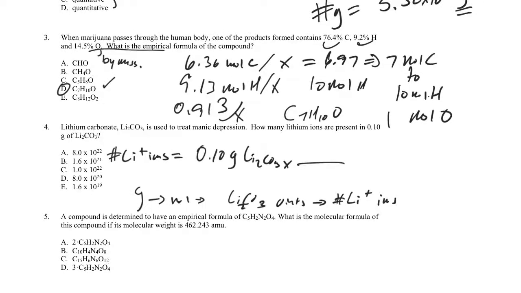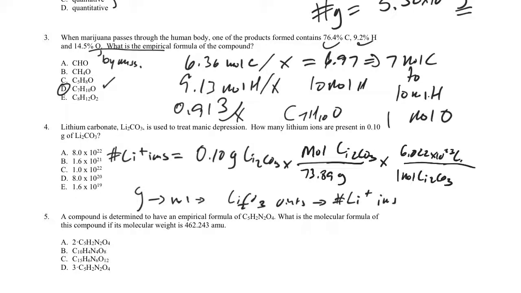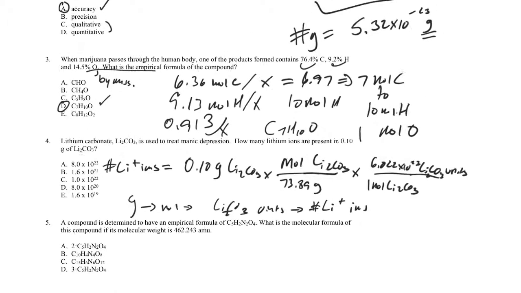So I take lithium's molar mass, which is 6.94 times 2 plus 12.01 plus 16 times 3, 73.89 grams per mole of Li2CO3. I'd say 1 mole of Li2CO3 contains 6.022 times 10 to the 23 Li2CO3 units. Kind of like a molecule, just not a molecule though.